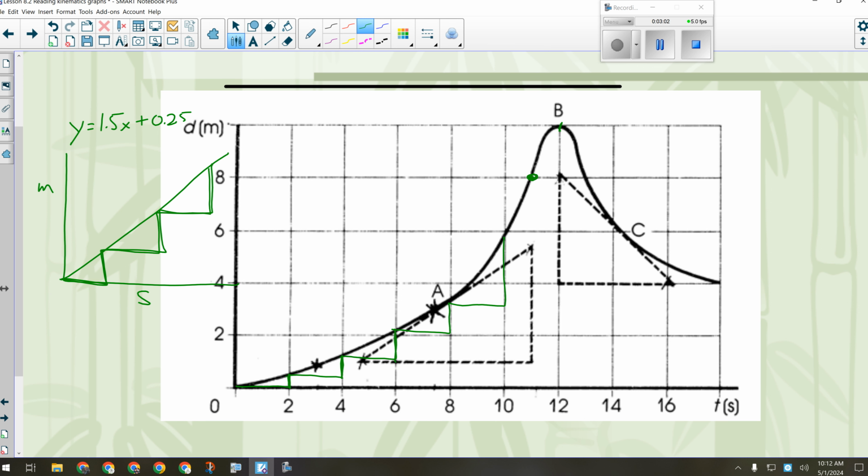Okay, accelerating backwards. Yeah. Okay, and then in part C, so from here to here, that line is getting flatter again. Do you agree? Okay, so during part C, the object's slowing down and actually coming to a stop.